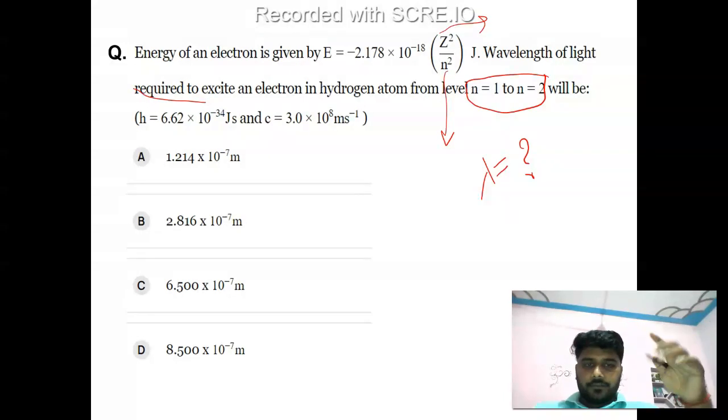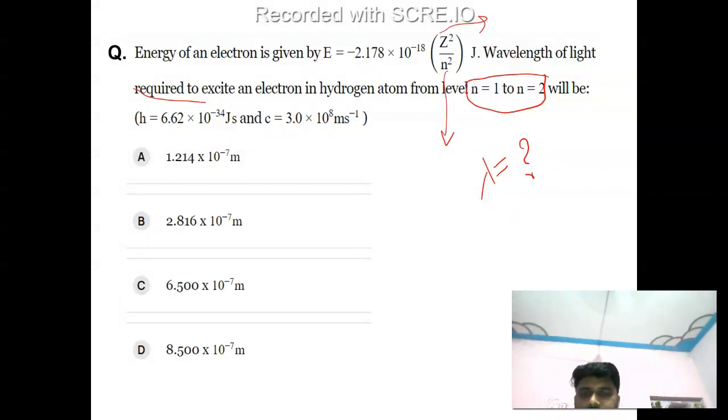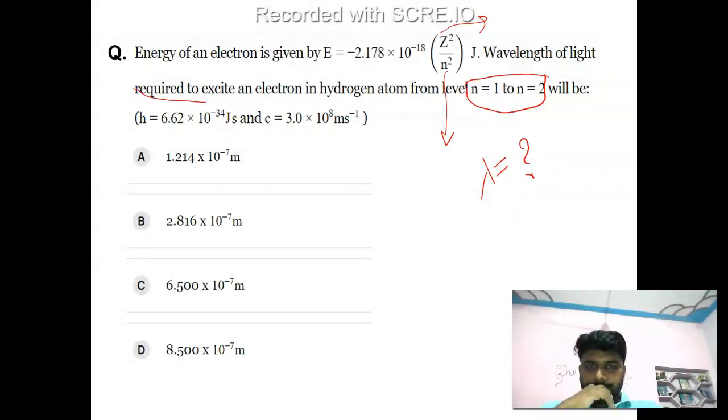I will be waiting only for 5 minutes. If you are getting it, kindly tell me, otherwise I will proceed with the solution. Z is 1 for hydrogen. Z will be 1 for hydrogen atom.